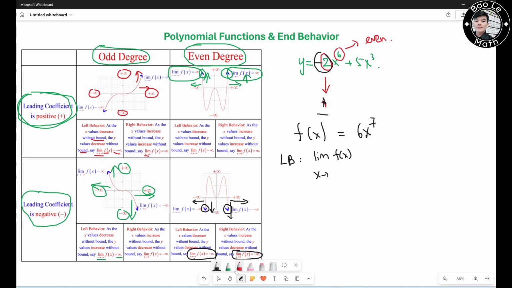Now you look at this one: positive leading coefficient and an odd degree. For a positive leading coefficient and odd degree, we use this case right here. So the limit of the function f of s as s approaches negative infinity is negative infinity. And the right behavior: the limit of the function f of s as s approaches positive infinity is positive infinity.